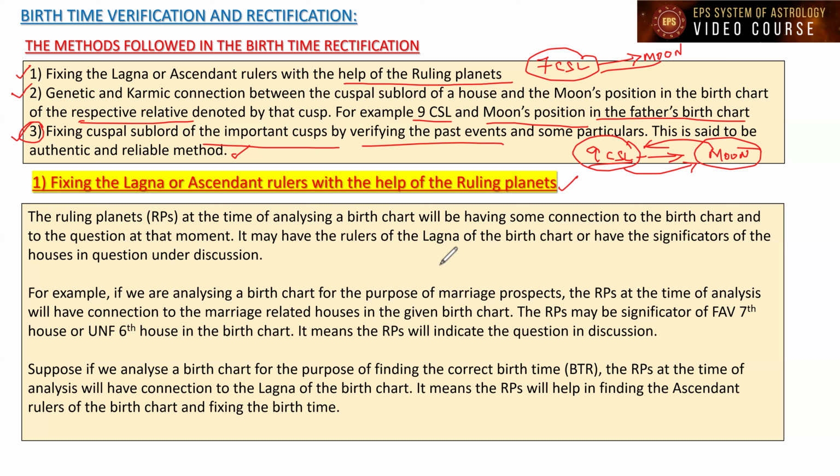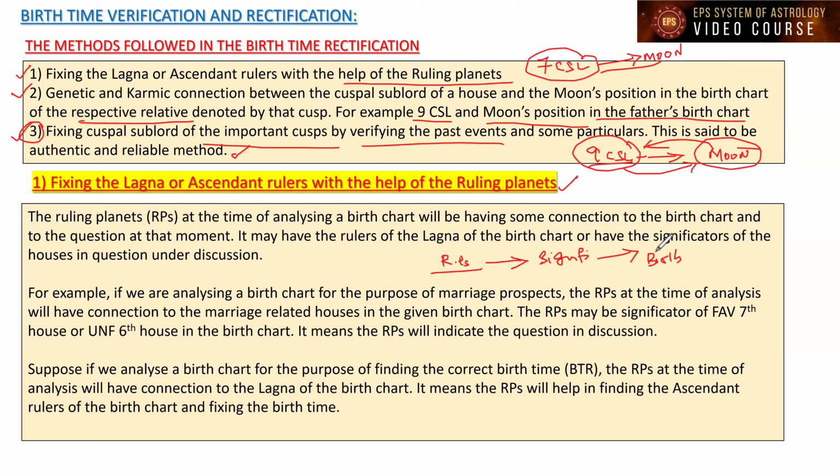It means the Almighty has allowed us to examine that birth chart at that moment, at that location, so the ruling planets ruling that moment will have a connection to the significators of those houses in the birth chart.